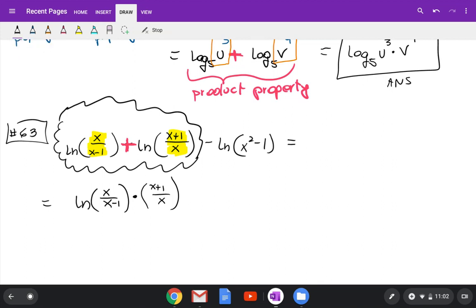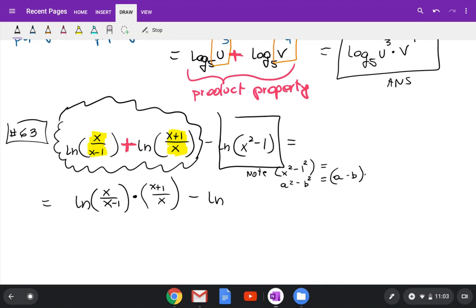Here, this one, I'm going to rewrite it as minus ln. The only thing I'm going to do, I hope you remember that x squared minus 1 is the same as x squared minus 1 squared, to which you can apply the difference of two squares formula. A squared minus b squared. I gave you that formula a long time ago. So this is the same as a minus b times a plus b. So you want to factor that.